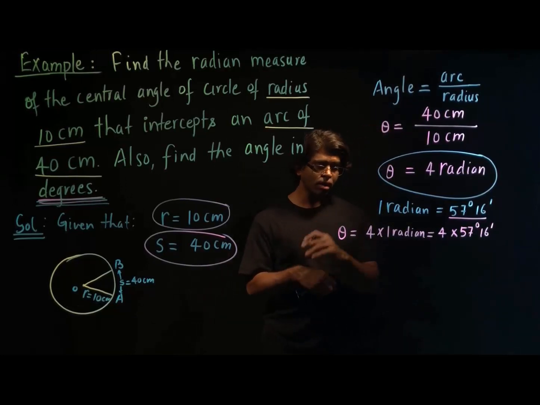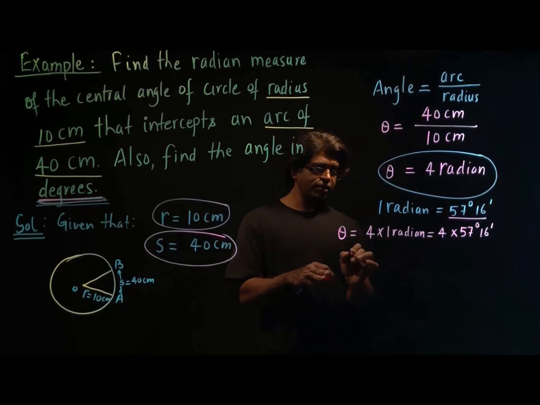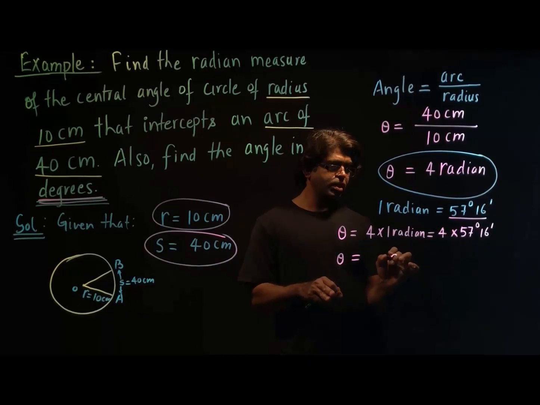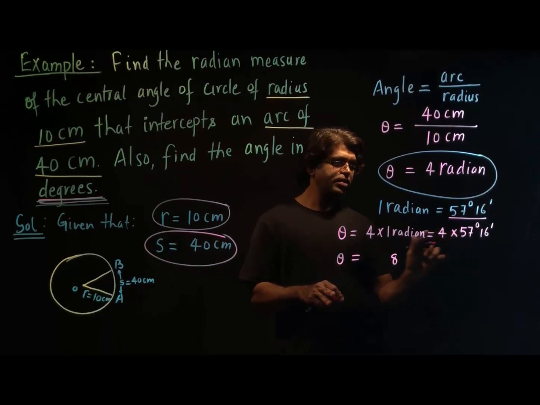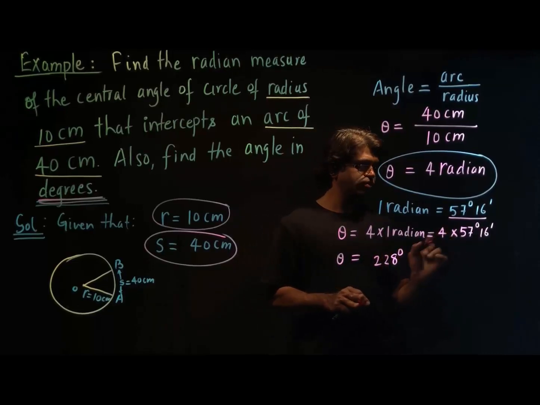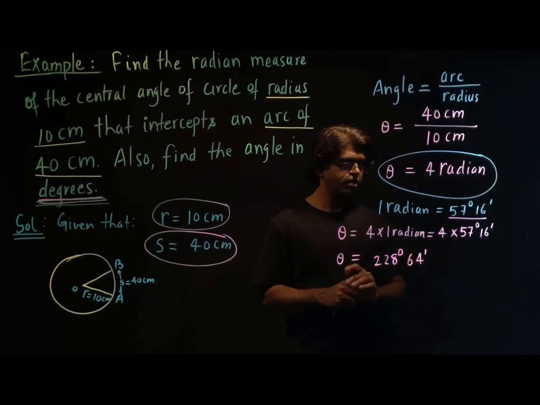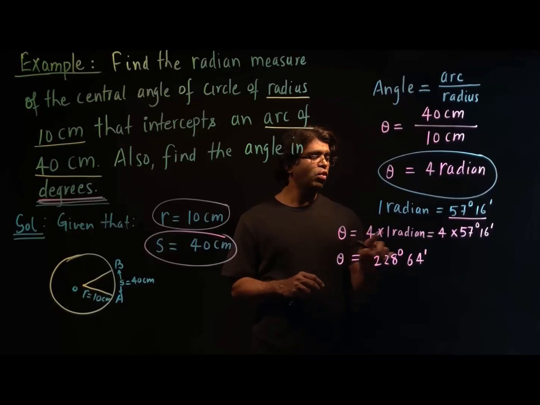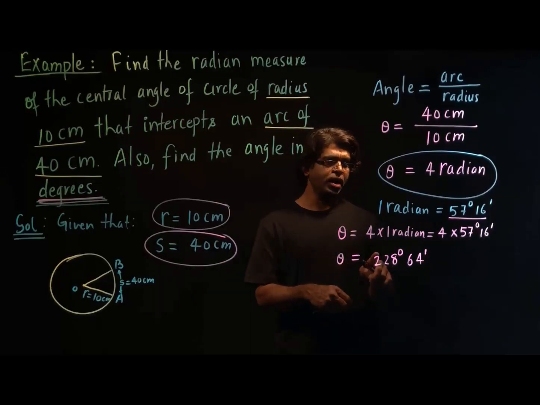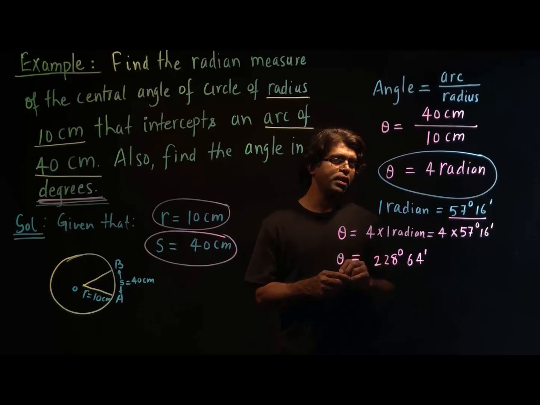Alright? Now, let's multiply. Theta is equal to 7 times 4 is 28, 5 times 4 is 20, so that gives me 228 degrees, and 16 times 4 is 64 minutes. So 4 times 57 degrees 16 minutes is basically 228 degrees 64 minutes.